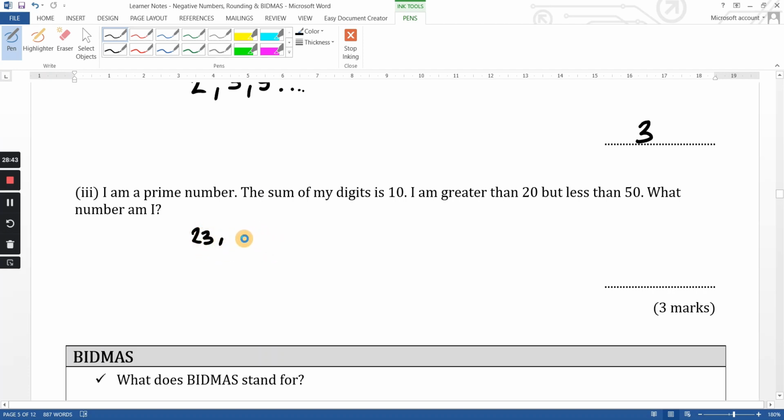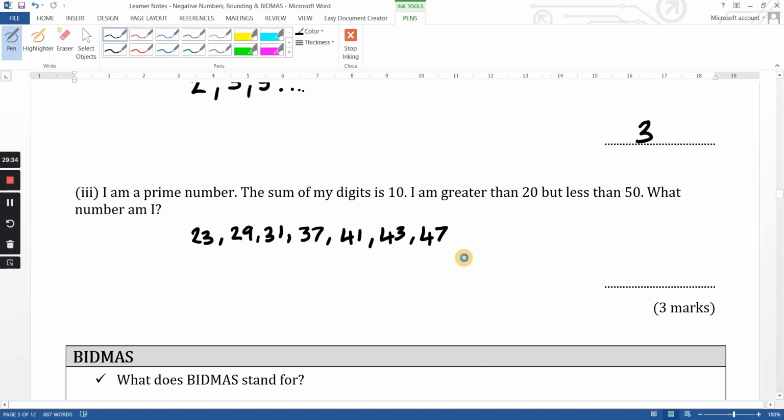Then you'll have 24, 25, 26, 27, 28, 29. Then it's 31. Then it's 37. Then it's 41. And then we've got 43, 47.